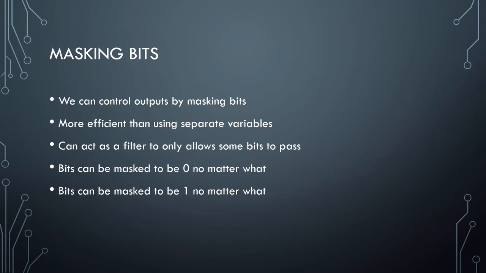We can mask off a portion of a set of numbers and not use them. So we can use different logic gates as a filter so that only certain bits can pass through. So we can mask the unwanted bits to be either a 0 no matter what or a 1 no matter what, so that they don't affect the result of what we're trying to do.